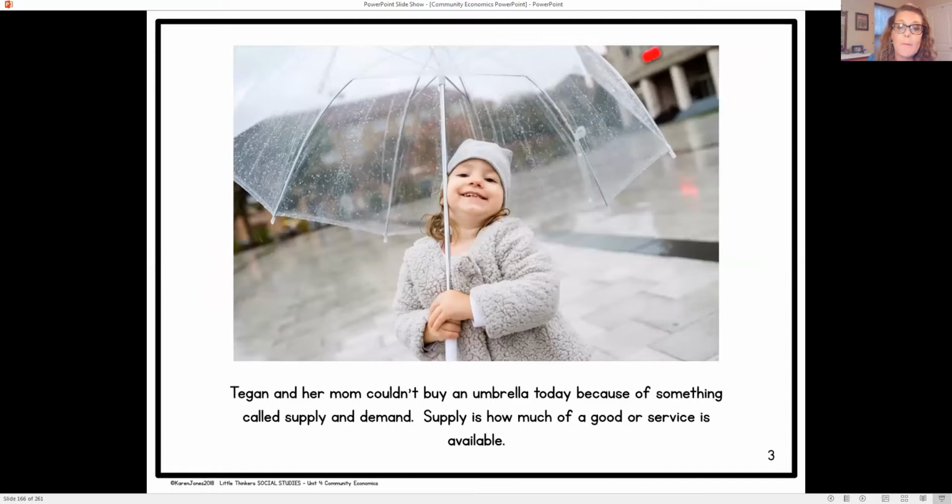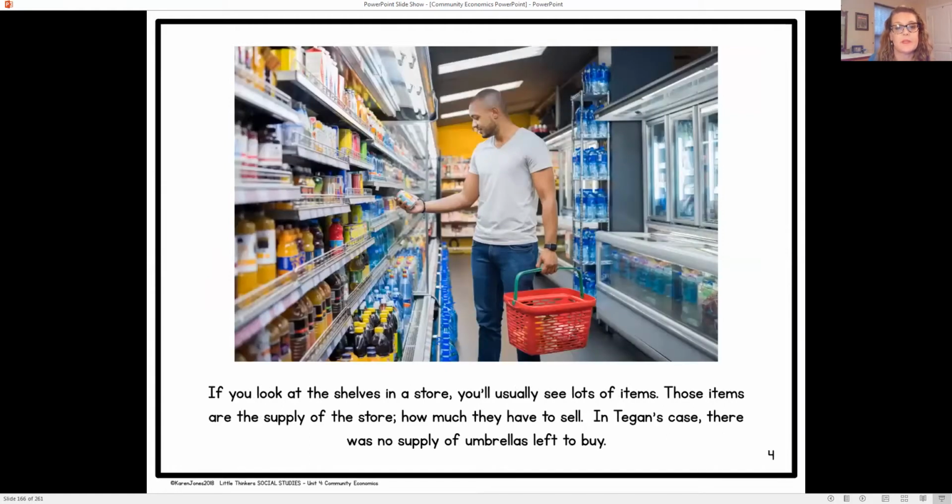Supply is how much of a good or service is available. If you look at the shelf in a store, you'll usually see lots of items. Those items are the supply of the store, how much they have to sell. In Tegan's case, there was no supply of umbrellas left to buy.